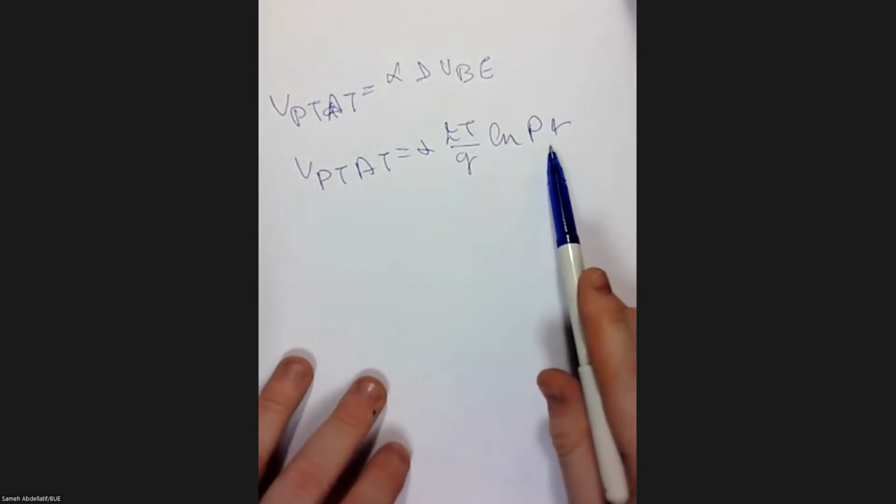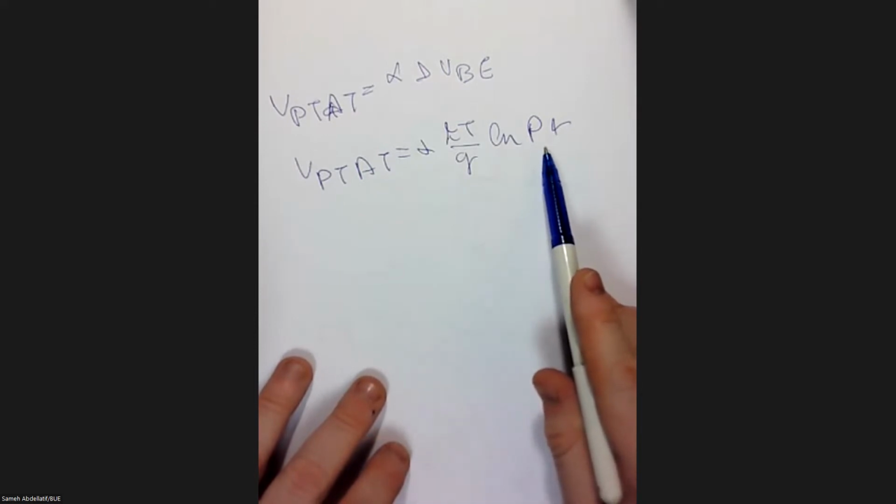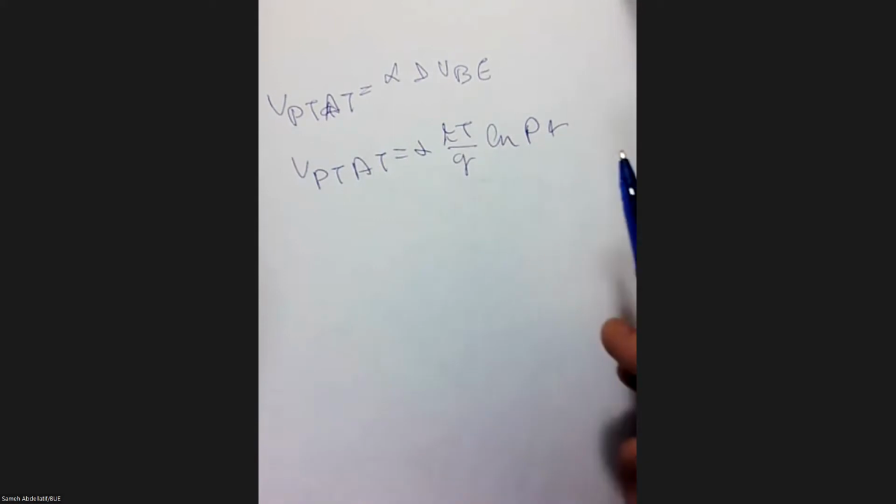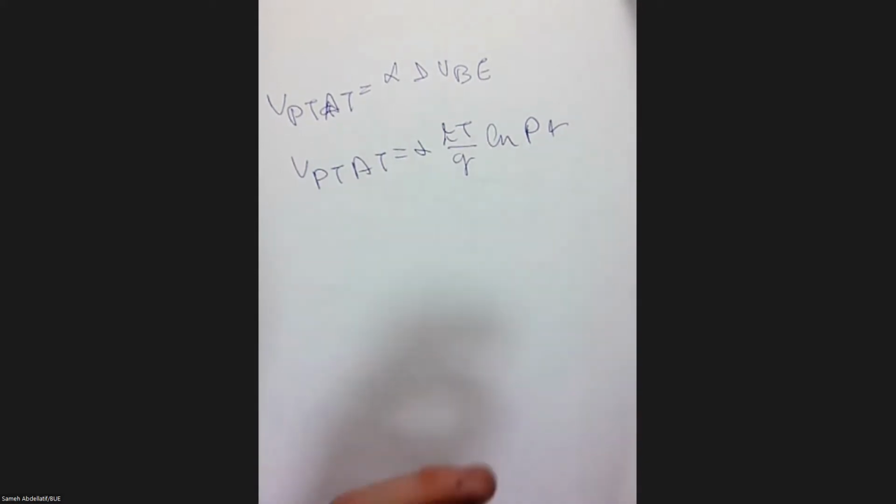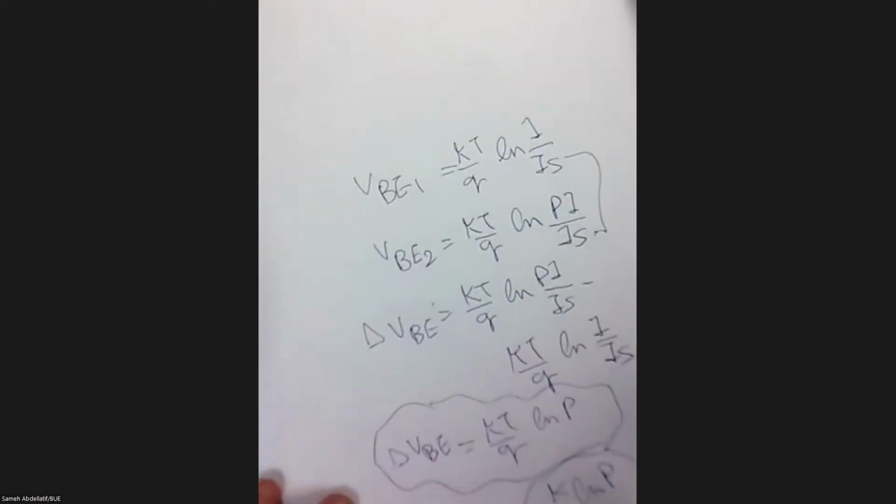I added this R factor, which is a mismatching factor. How is this R added? It's very simple. Let's turn to this equation.